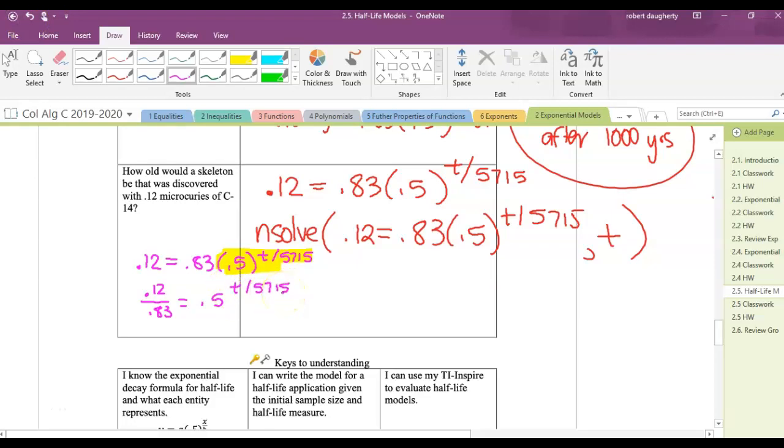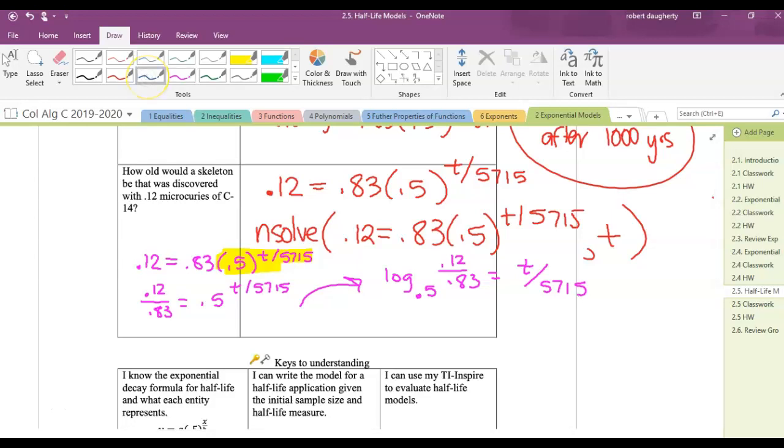Now this gets converted to a logarithm. So this tells me that the log base 0.5 of 0.12 over 0.83 is equal to t divided by 5715. My goal is to solve that for t.